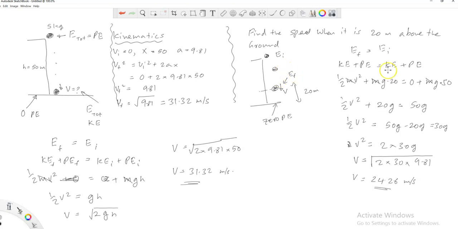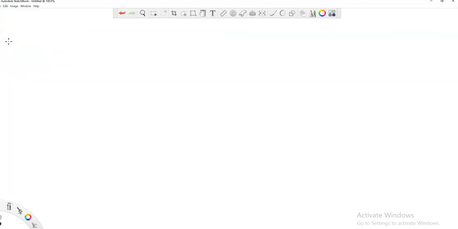So let's take a look at another example. Let me clear this. Here's another example. In this one, let's say that you're at an amusement park and here's a roller coaster track.